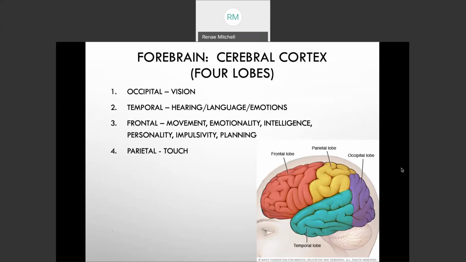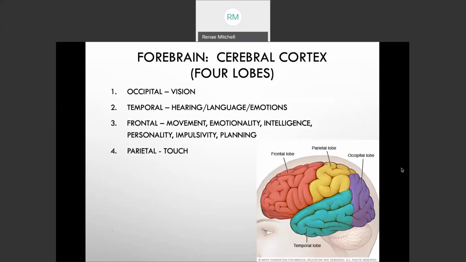So deciding not to punch someone or deciding to refrain from eating something that you don't want to eat because you're on a diet or something like that, that's all happening in the frontal lobe. It's also where a majority of our personality is coming from.